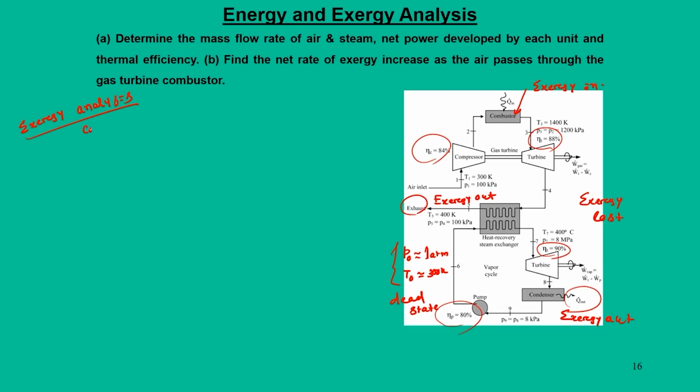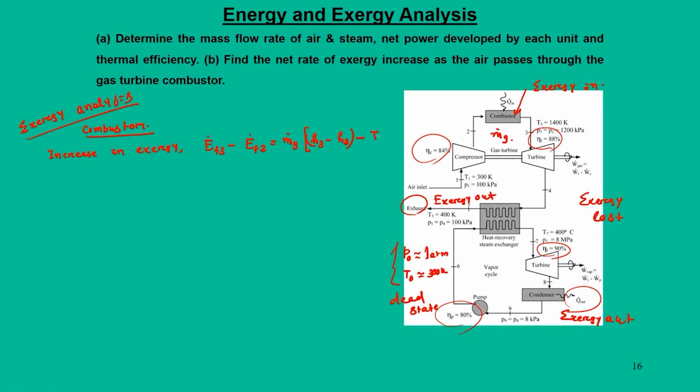First, the combustor. Here we look at the increase in the exergy. That is nothing but E dot F3 minus E dot F2, and it is operating with gas, which is m dot g, that is m dot g into H3 minus H2.